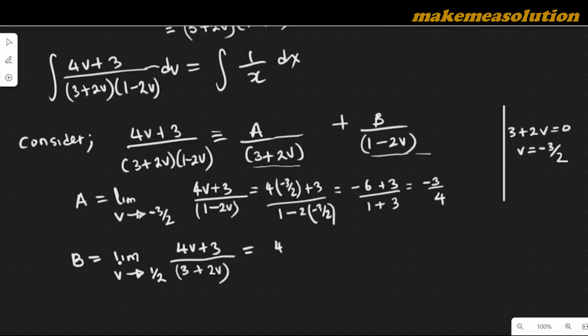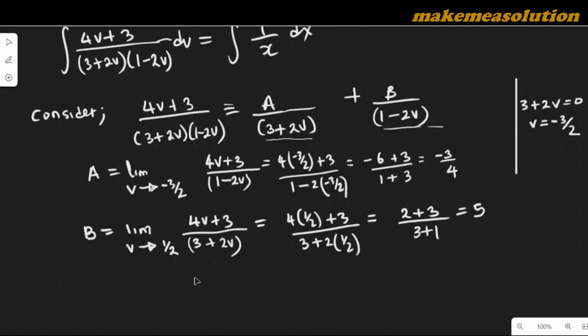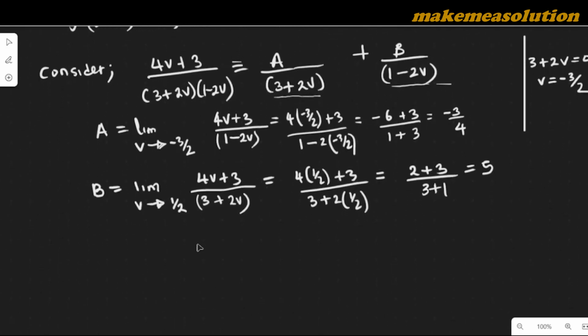So you have 4 into 1 over 2 plus 3 over 3 plus 2 into 1 over 2. So definitely this gives me 2 plus 3 all over 3 plus 1, and this is a 5. So I have a negative 3 over 4 and I have a 5.